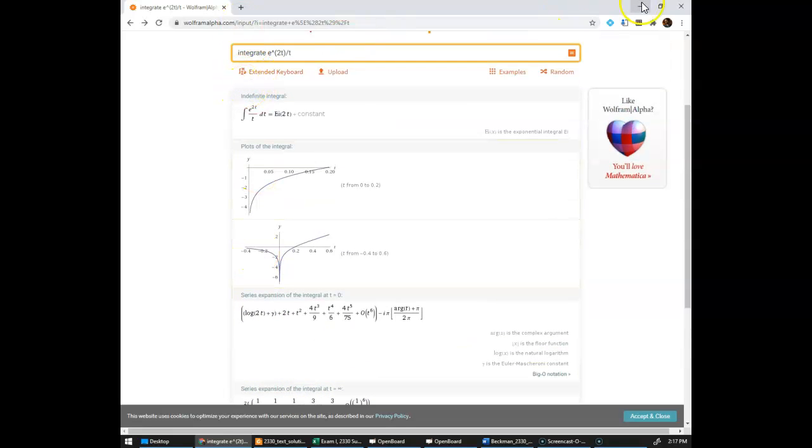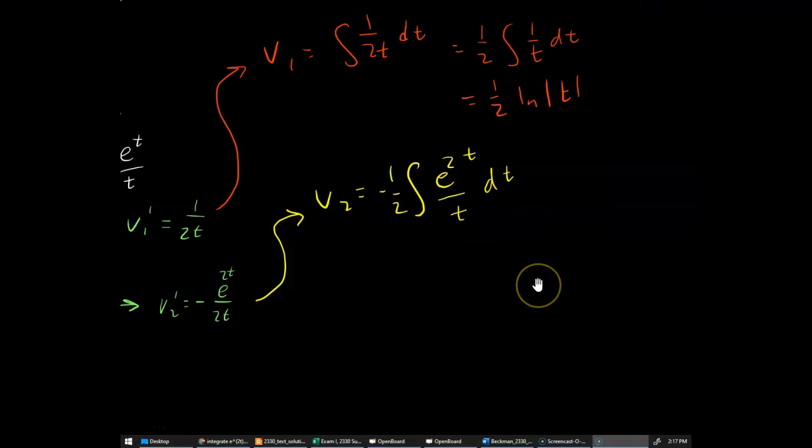So what I'm going to do is, in fact, just leave the integral in there. If I were to do this undetermined integral, that would be a fine way of doing it.